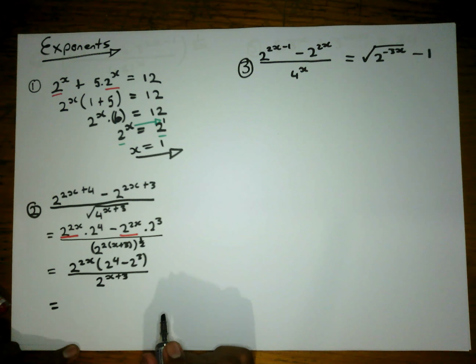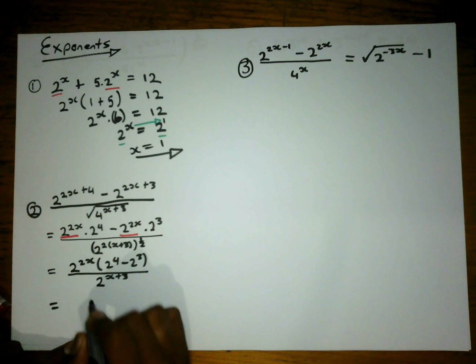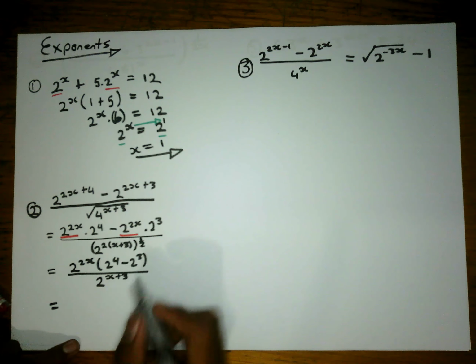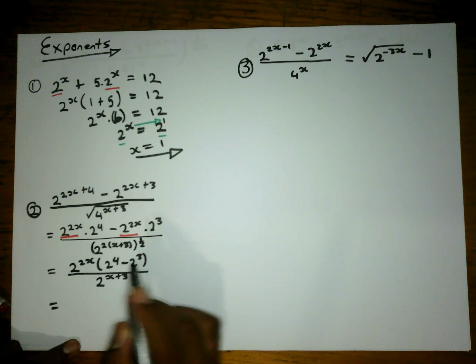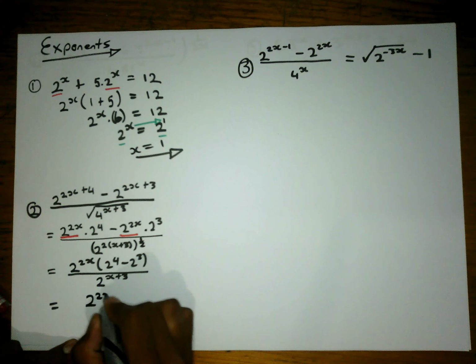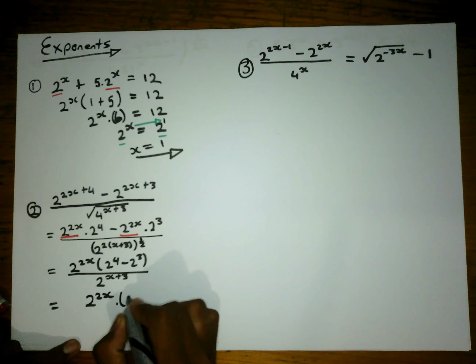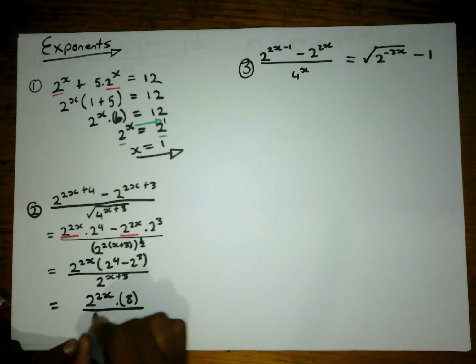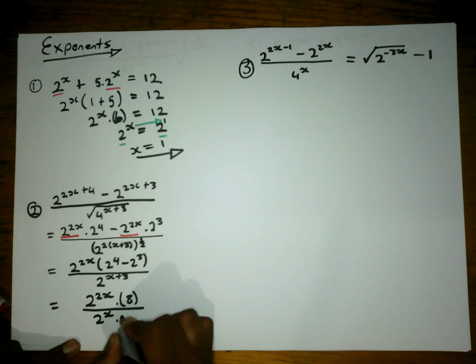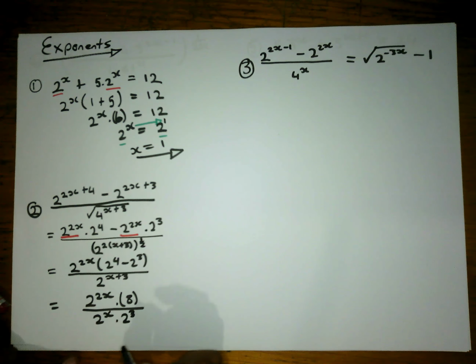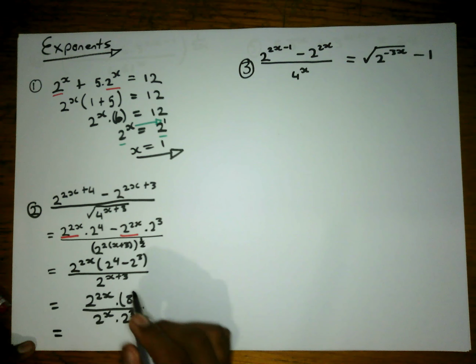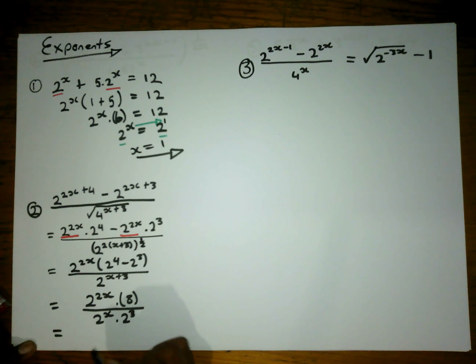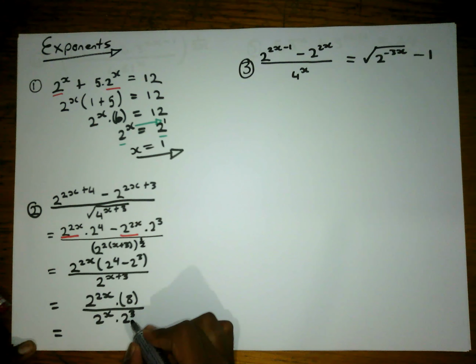Now we're going to simplify a bit more, and then we're going to put this in a calculator now, and we're going to get 2 to the power of 2x times 8 over 2x 2 to the power 3. Then this will equal, this is 2 to the power 3. 2 to the power 3 we know is 8 as well.